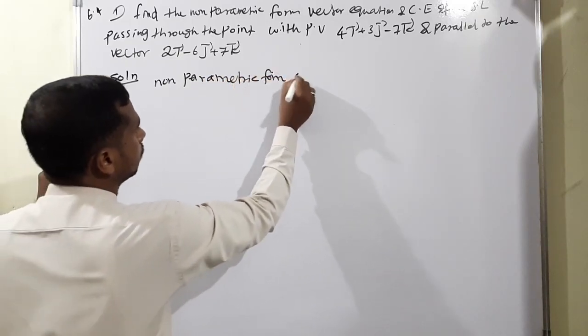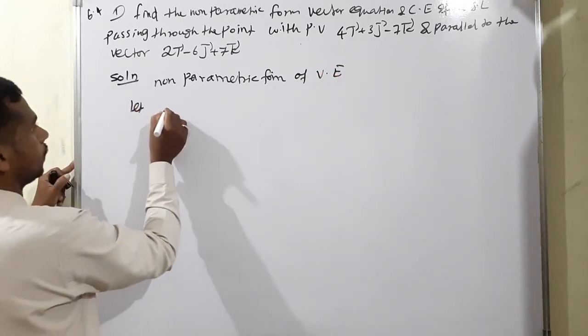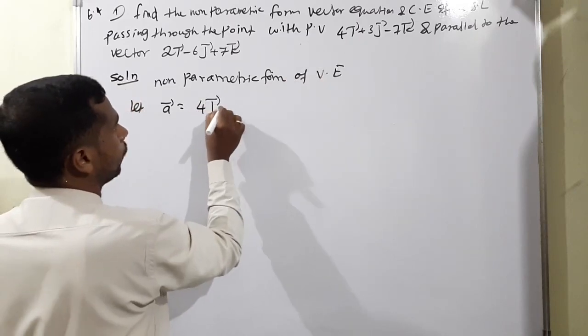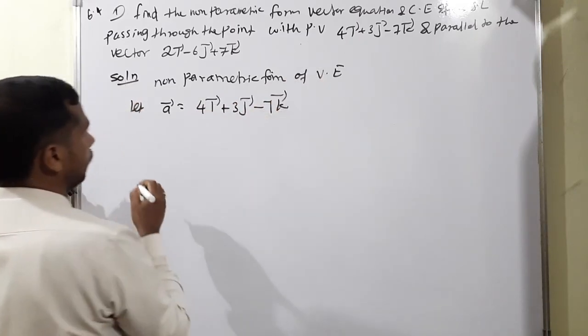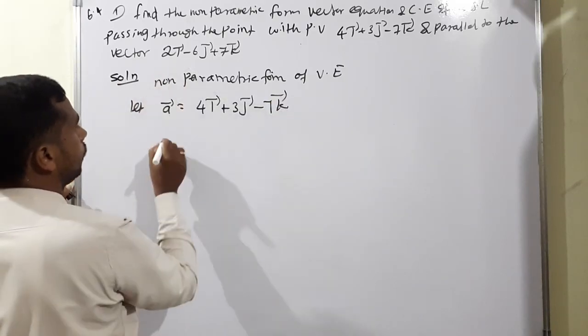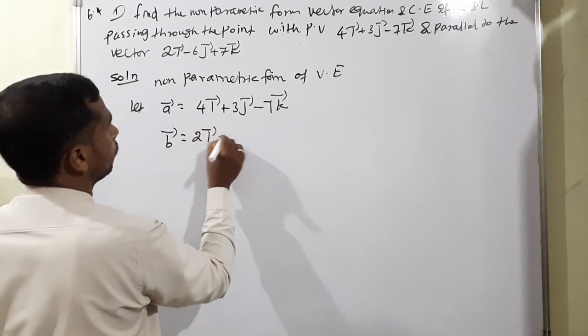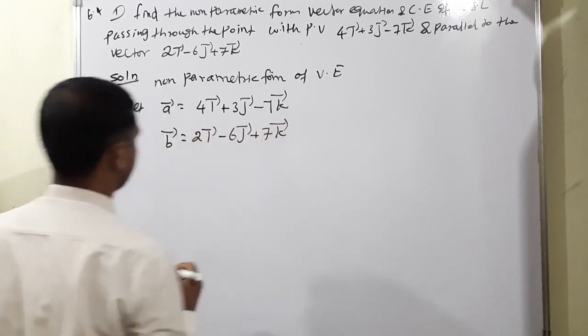Non-parametric form of vector equation. So let us consider A vector is equal to 4i vector plus 3j vector minus 7k vector. Then B vector is equal to 2i vector minus 6j vector plus 7k vector.